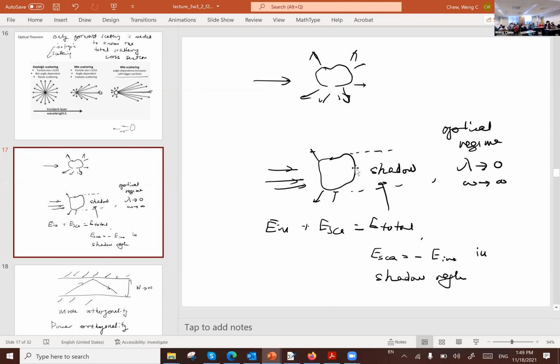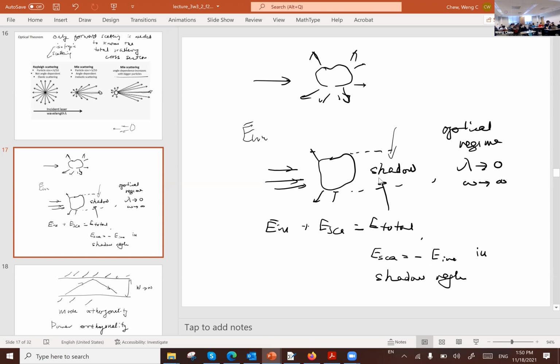There is an incident field that comes in. The incident field is everywhere. But in order for it to form a shadow, the scattered field has to cancel the incident field in the forward direction, in the shadow, in order to come up with the correct solution. So when you calculate the scattering cross-section of this, you find that it mainly scatters in the forward direction.